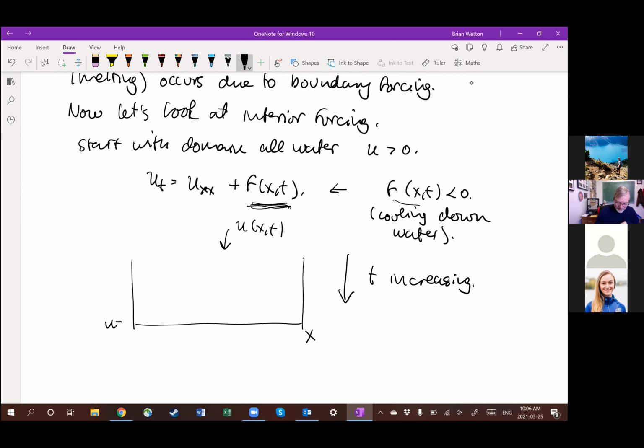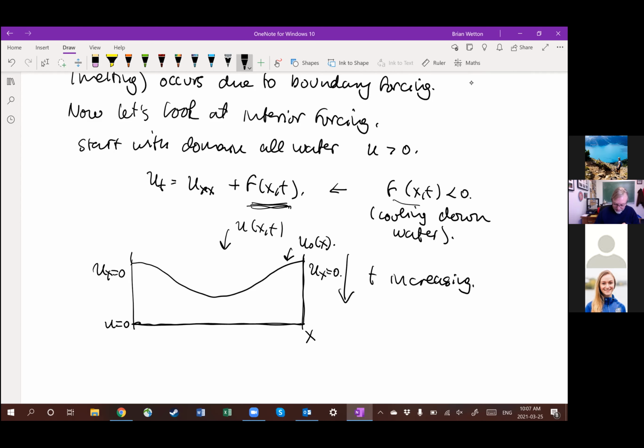I'll have U equal to 0 here, right? This is where things will start to freeze. And I'm gonna say that I'm gonna have insulated conditions on the two ends. So, okay, here is my initial condition, let's say. And now I'm going to cool it down.